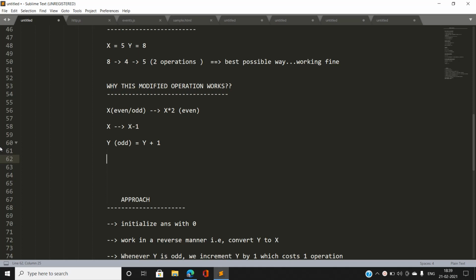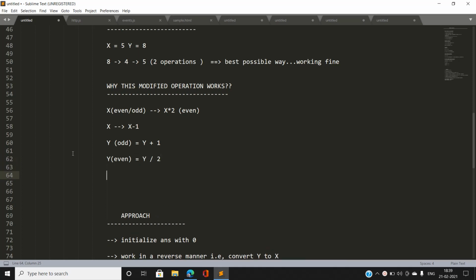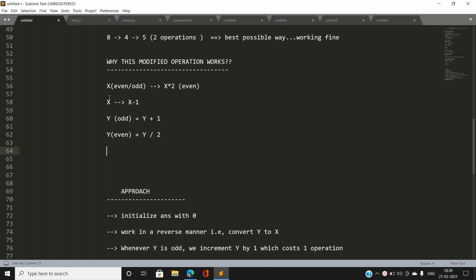and correspondingly I can also do, if y is going to be even, I am going to do y by 2. Why is this operation going to work? This is actually the reverse of this operation. Note that in this operation, if y is even, I am going to divide it by 2. Why is this operation working? Because suppose let me prove this by contradiction.